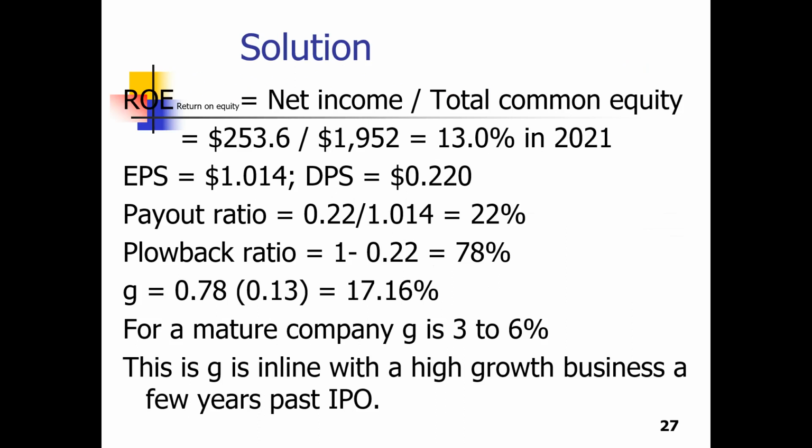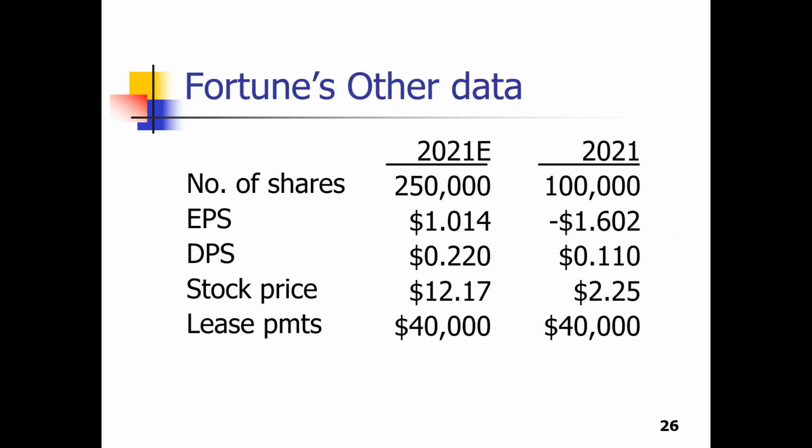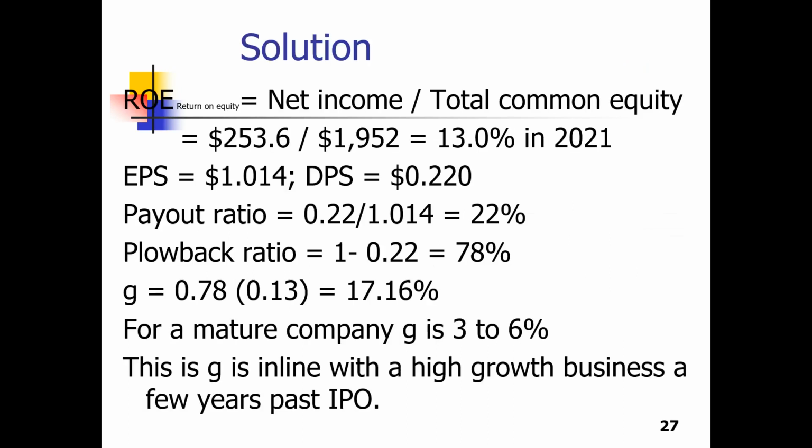Earning per share, we can calculate this also by hand. This would be the net income, which is 253.6 divided by number of shares, which is given in this case. Number of shares is given as 250,000. So 250,000 divided by 253,000, or the other way around.